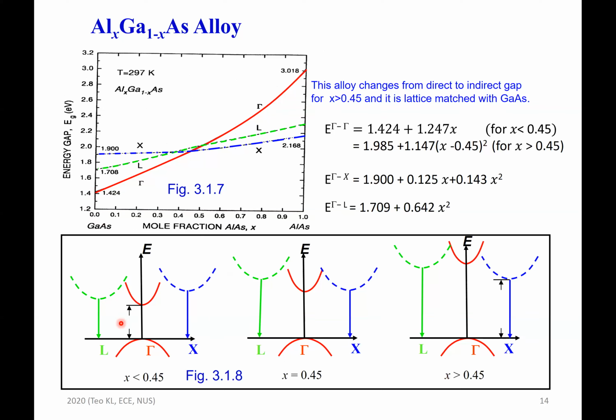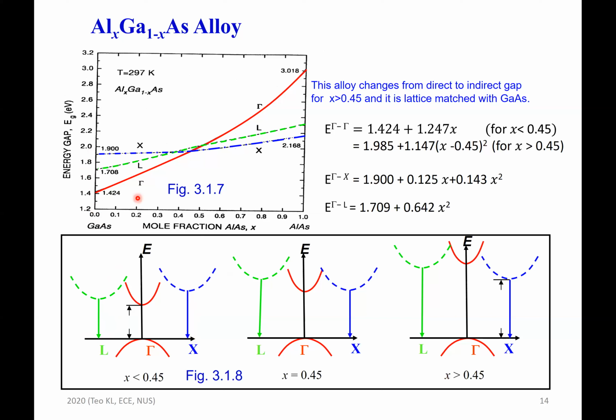The next gap will be the L. Measuring from here downwards from the top valence band gives you 1.708. And the highest one will be this gap, which is the X, 1.9. So measured from here to here, 1.9.